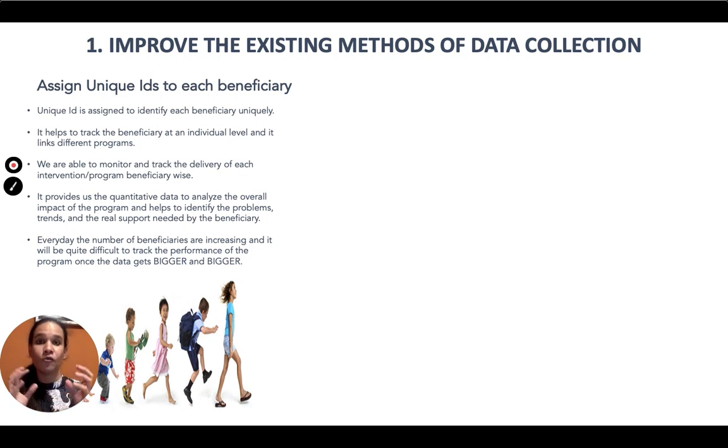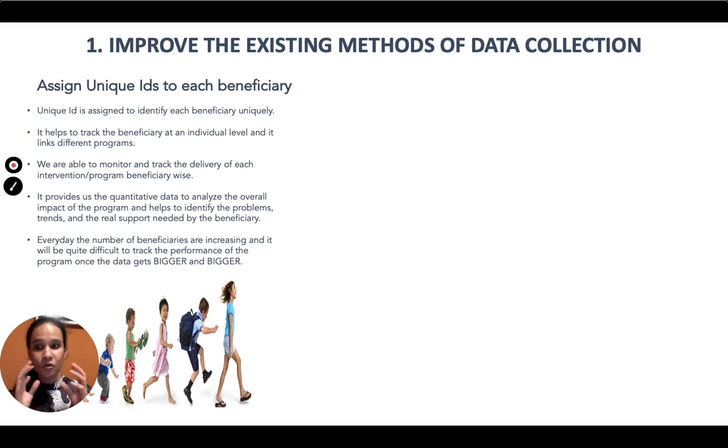Or you can avoid confusion when you have two people with the same name, or in this case, everyone of the same age. So really to distinguish and to have each beneficiary in your program tracked over time.